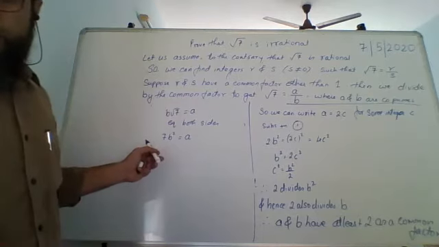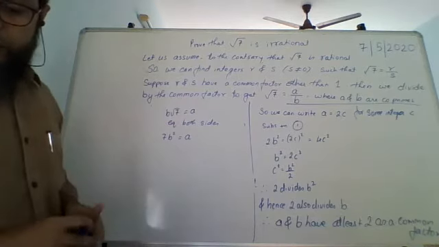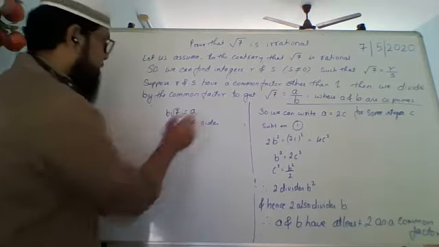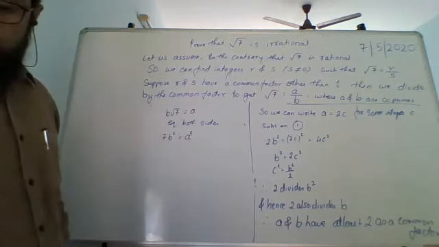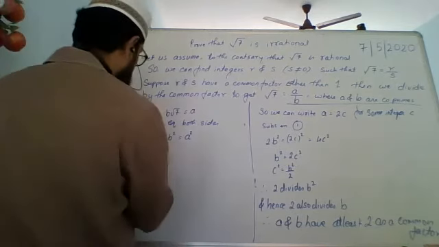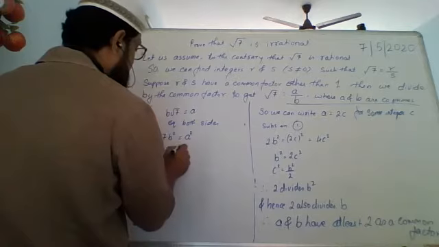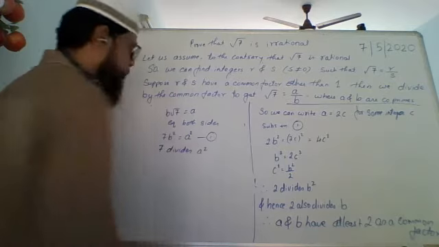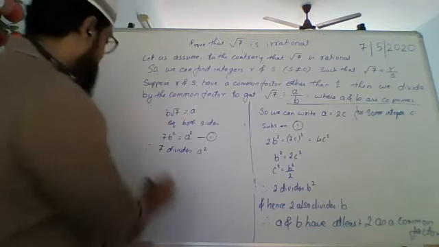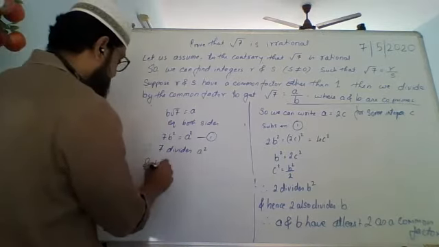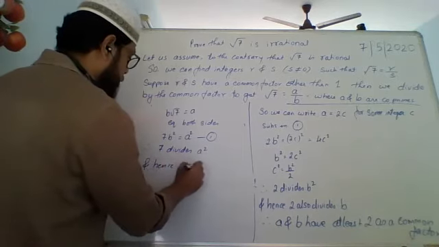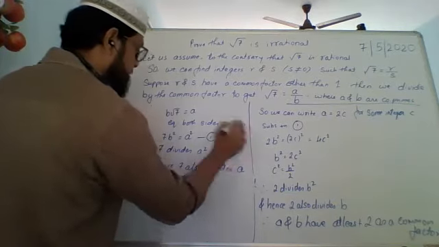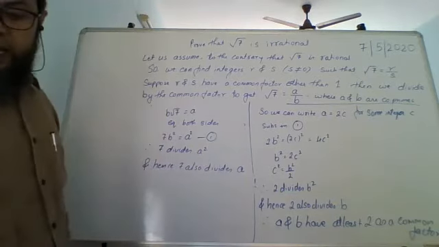Here, because I'm doing root 7, it is 7b square equals a square. Therefore, 7 divides a square, and hence 7 also divides a.